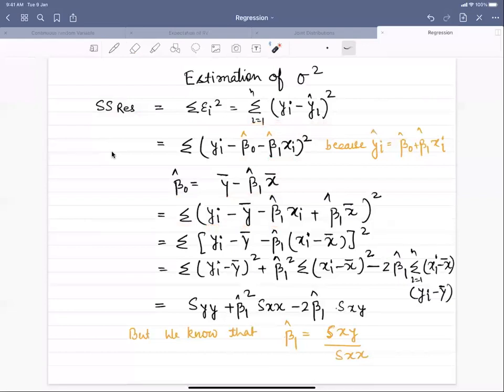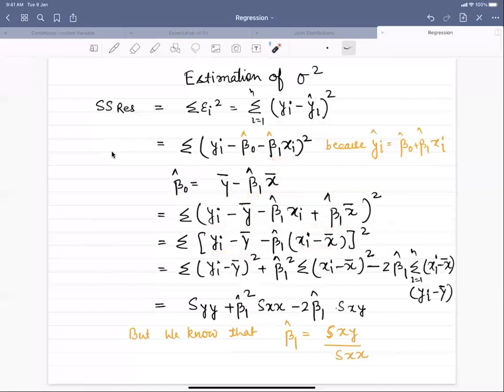I think one term should be beta 1 cap x_i, and the plus term I am writing later will be beta 1 cap x bar, because this is already preceded by a minus, so it becomes plus. Then it becomes summation over i = 1 to n of (y_i minus y bar minus beta 1 cap (x_i minus x bar)) whole square, taking beta 1 cap common.